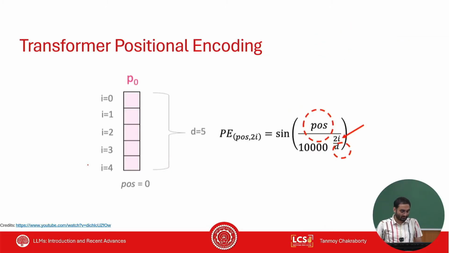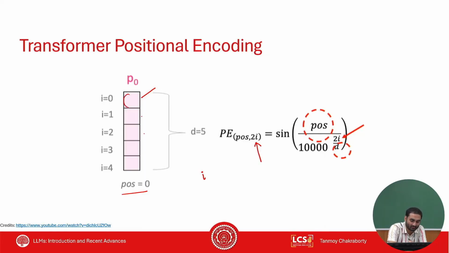So let's assume that I would like to encode the position information of the first position. So pos is 0, and the size here is 4. So this i will vary from 0 to 4. This is i equals 0, i equals 1, 2, 3, 4.